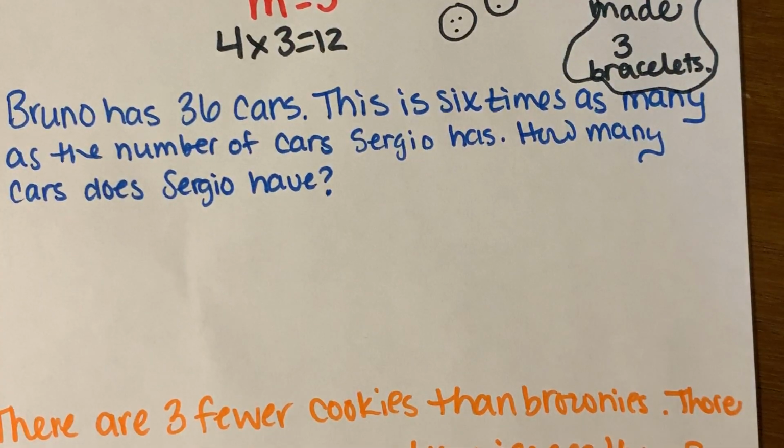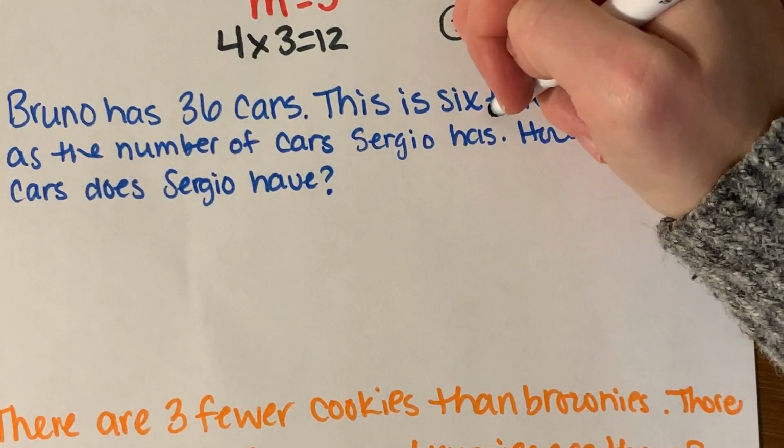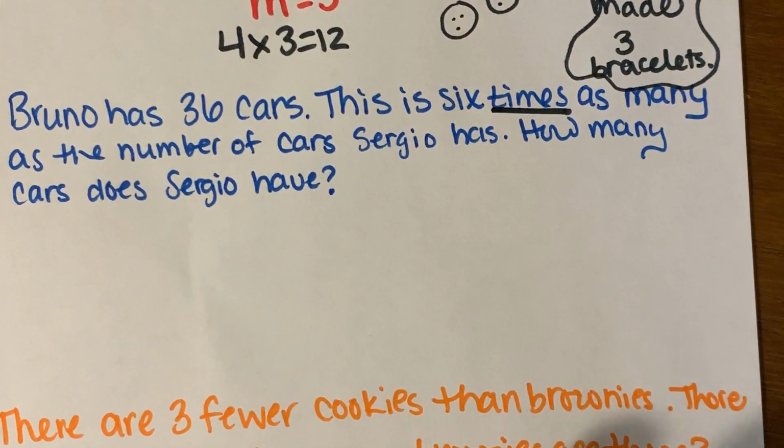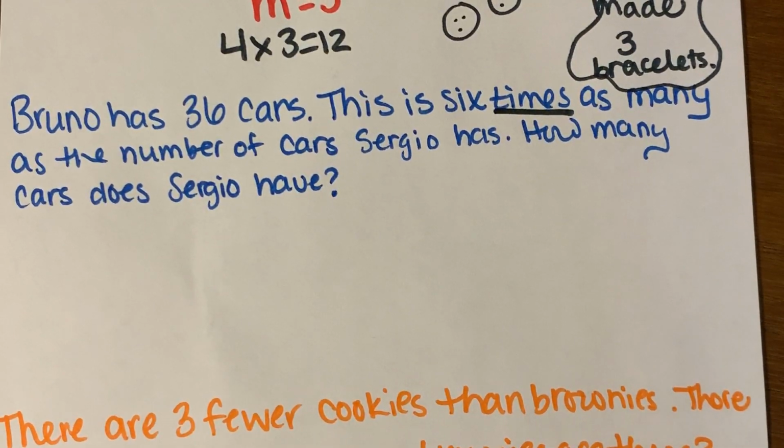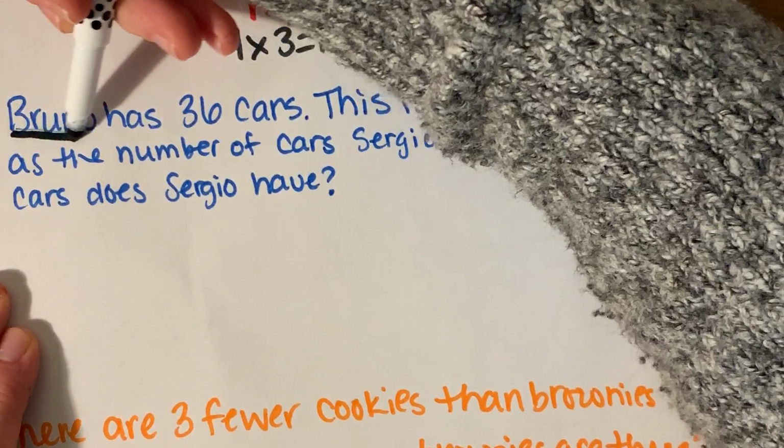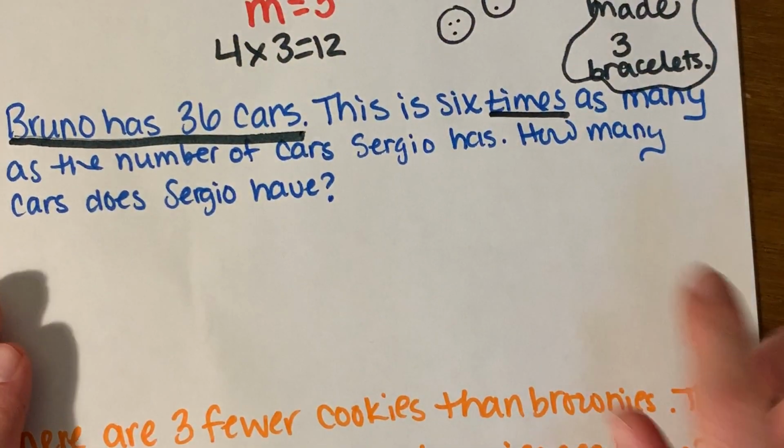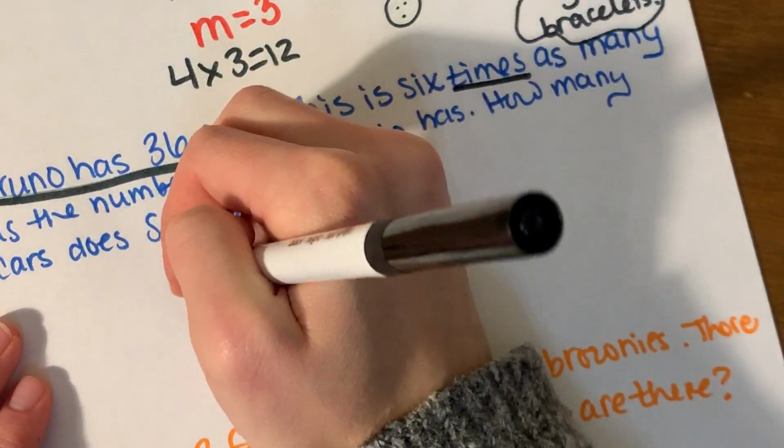So first we need to figure out the operation we're using. So Bruno has 36 cars and there's 6 times as many, which means we are using multiplication again. As many cars as Sergio has. So how many cars does Sergio have? We know that Bruno has 36 and he's got 6 times as many as Sergio.